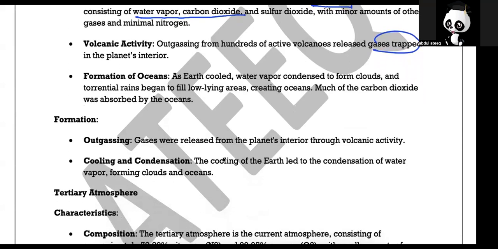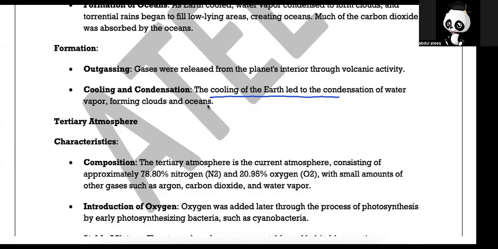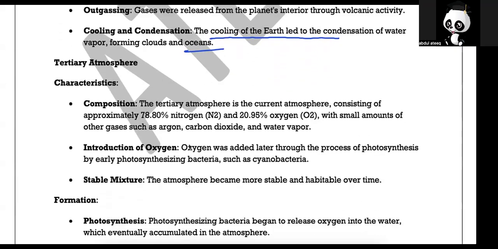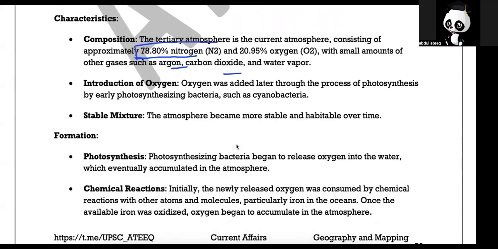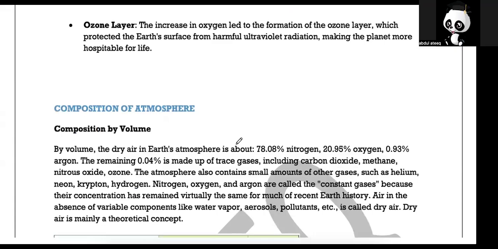This led to the formation of clouds and intense raining. This cooled the earth's surface, and as a result, oceans were formed. Because of these oceans, life forms evolved, and eventually the atmosphere came to be composed primarily of nitrogen, then oxygen, and after that argon and carbon dioxide. So this is how the evolution of the atmosphere has happened.